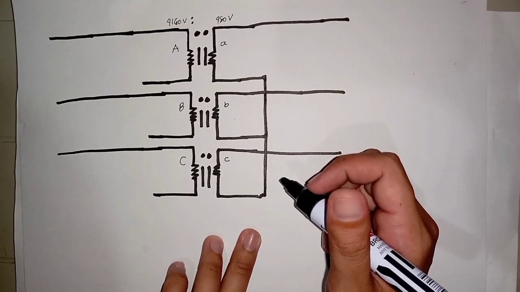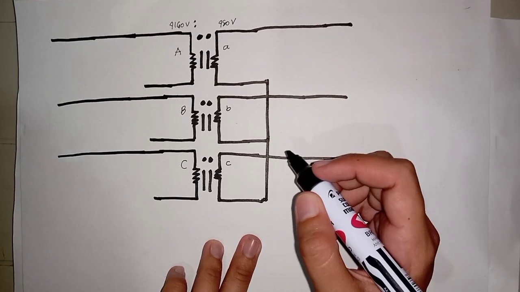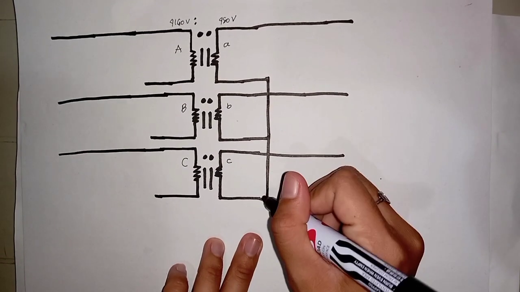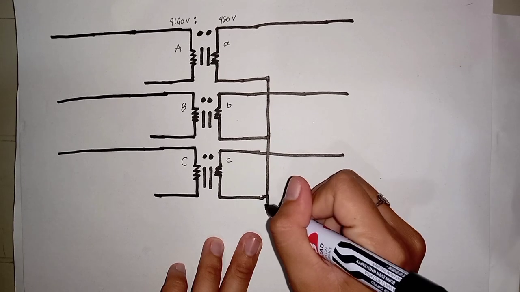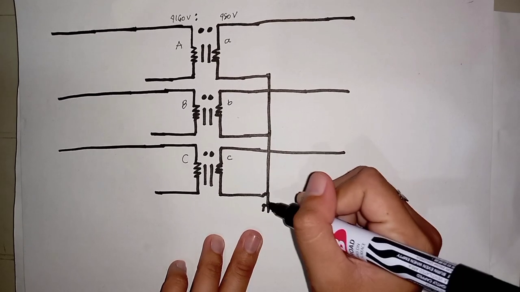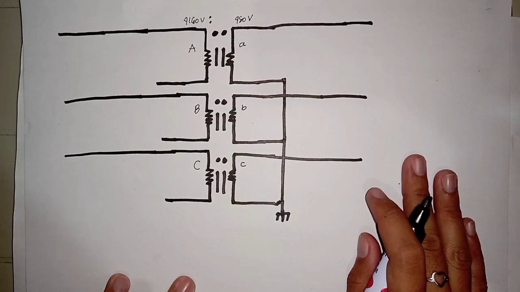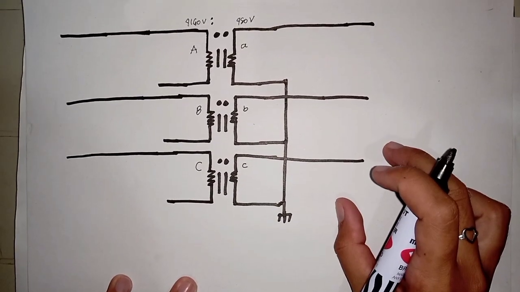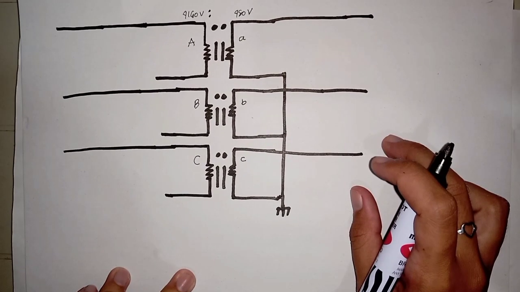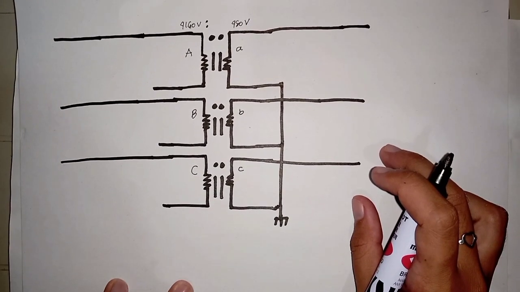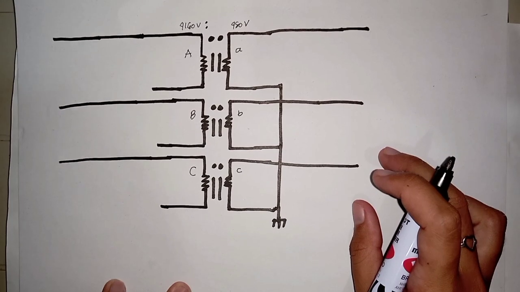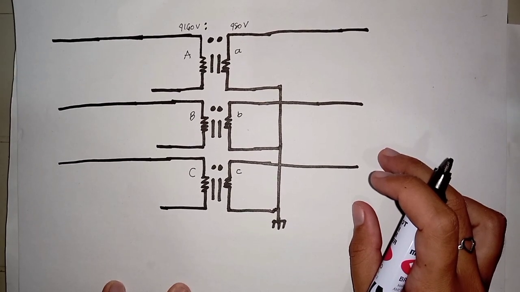For the sake of simplicity, we're going to ground the neutral wire. So this is the Y grounded transformer connection. This Y grounded transformer connection has different characteristics than the Y ungrounded transformer connection.